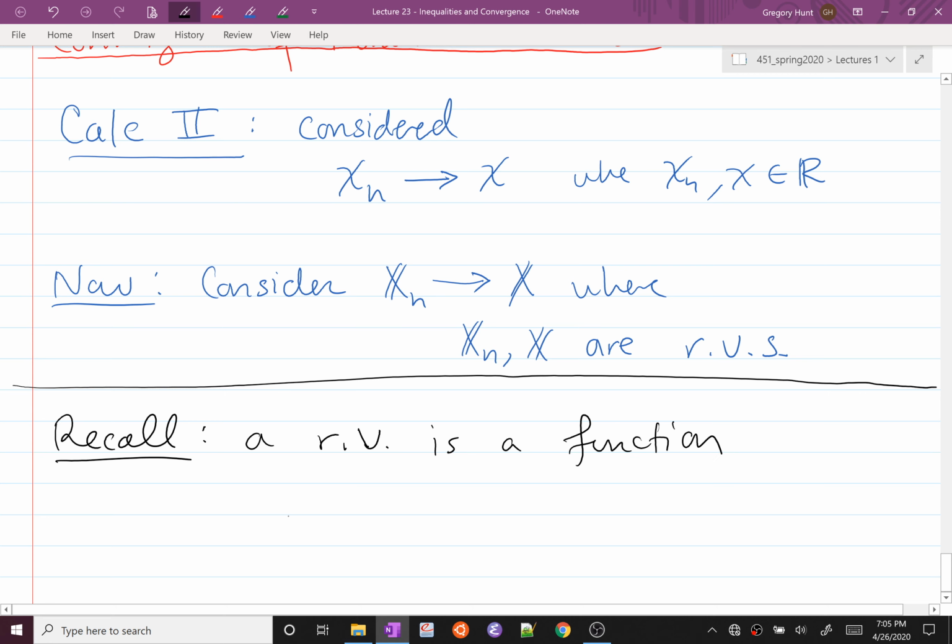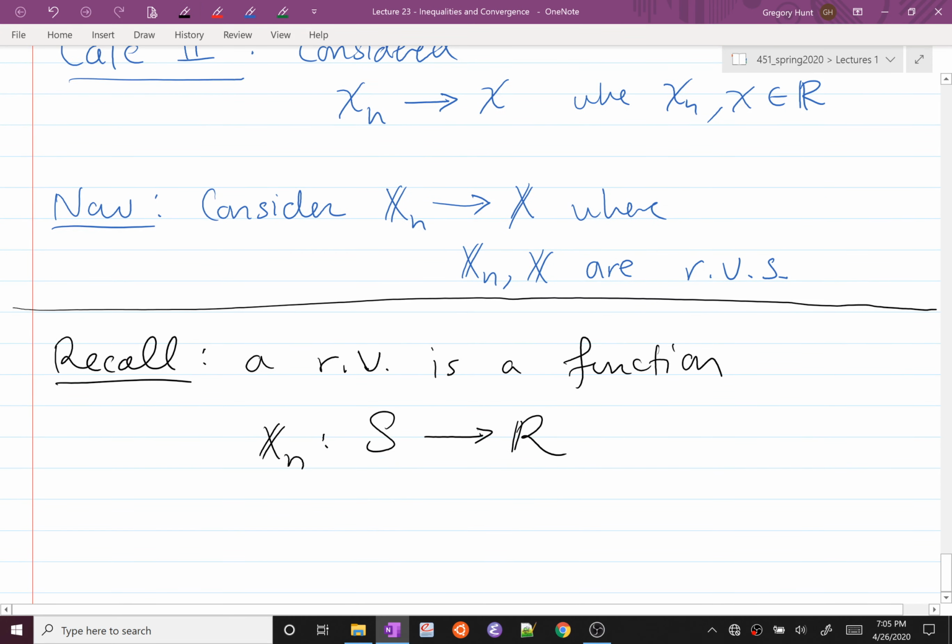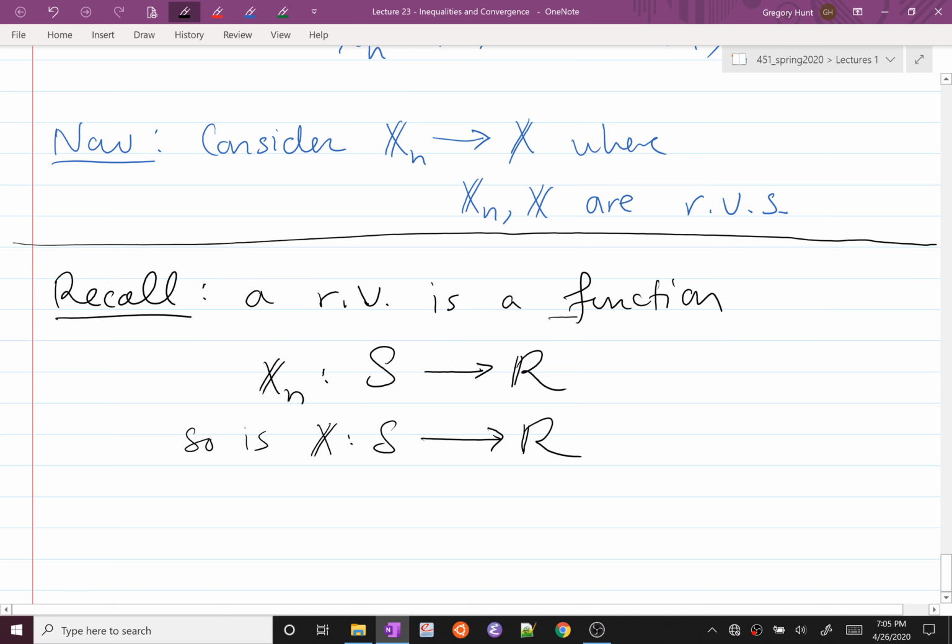And so if we have some sequence of random variables, some X sub n's, these are functions from some sample space to the real line. And whatever our limit is, it's also going to be a random variable, and that is also a function from some sample space to the real line.